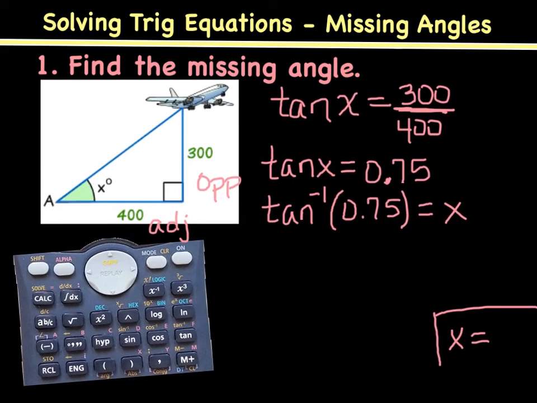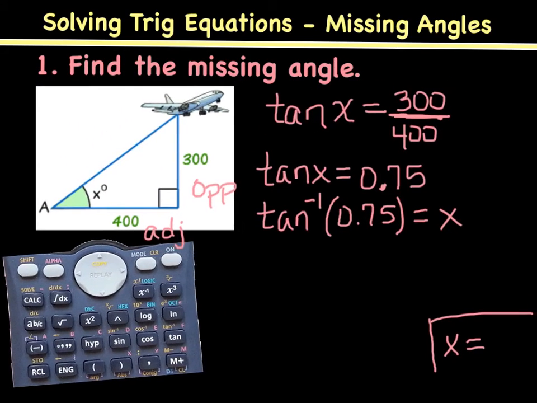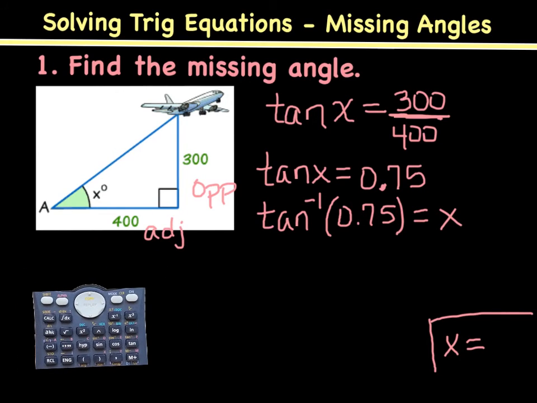Let me go ahead and try and get this calculator out of the way for us. There we go. Okay, so you're going to put that into your calculator. You're going to push inverse tangent and then 0.75. So I'm going to go ahead and do that on my calculator and be right back. Okay, I'm back. So once I put that into my calculator, I got that x equals 36.9 degrees.